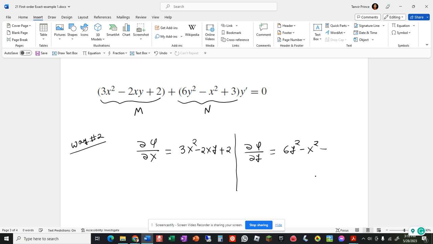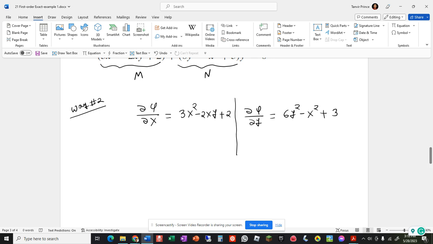But now we're going to start with n and take the integral of both sides with respect to y. Remember, before we took the integral of the x one to recover my phi. But what happens if I start with the second one? Let's take the integral of both sides with respect to y.